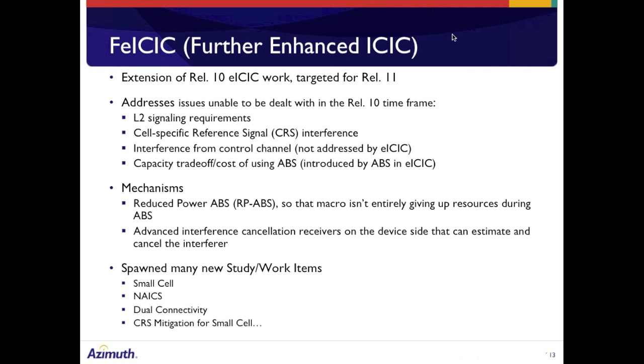So things like, would they need additional signaling requirements in place to support various things that they wanted to do, how to address interference from the cell-specific reference signal in the normal almost blank subframe, and interference from the control channel not addressed by eICIC.